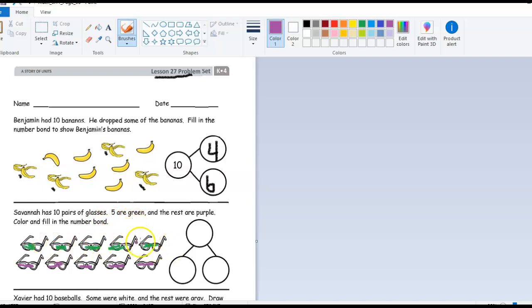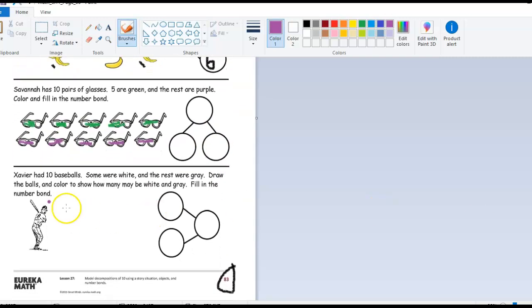Yes, 5 of those pairs of glasses are green. So we know that 5 of those glasses is one of the parts. And the rest are purple. So what do you think you have to do to find the other part? Yes, you have to count the pairs of glasses that are purple and also fill it into your number bond.